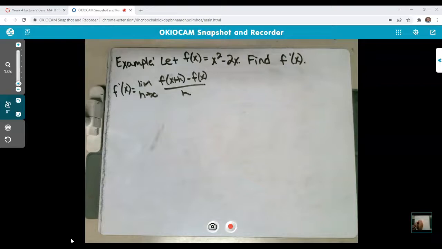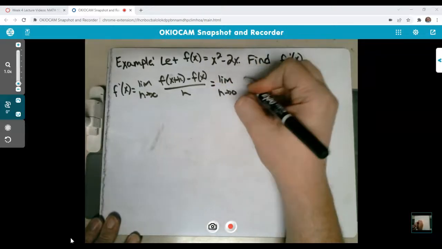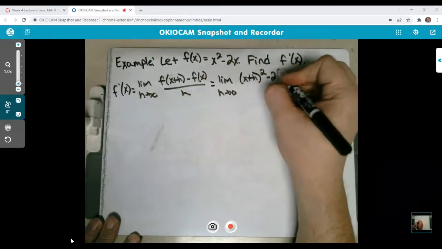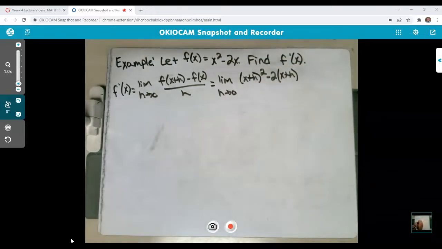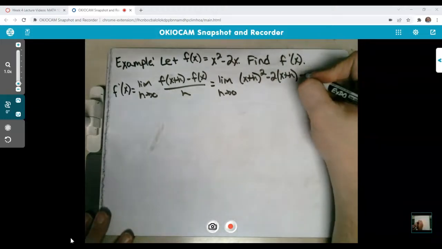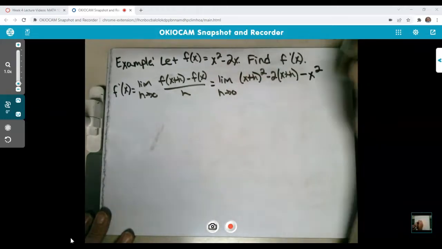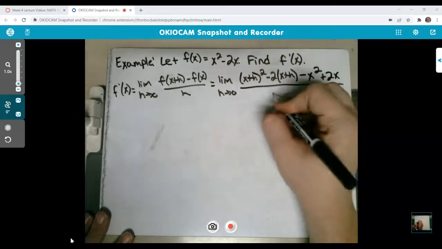So we're going to first plug in the x plus h. So that's the limit as h goes to 0 of x plus h squared minus 2 times x plus h minus f of x. So I'm going to subtract x squared, which would then make this plus 2x because I am subtracting it, all over h.